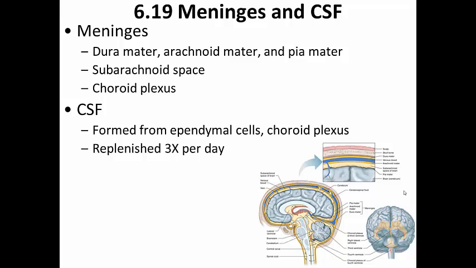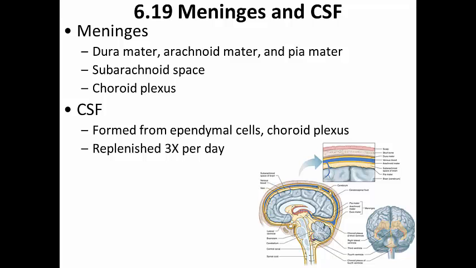In the subarachnoid space circulates the cerebrospinal fluid. The cerebrospinal fluid is formed from ependymal cells, one of the types of glial cells that we discussed back in an earlier portion of our chapter. It's formed at the region known as the choroid plexus that we see pictured here on our diagram. As you would imagine, cerebrospinal fluid is formed as a result of filtering action.